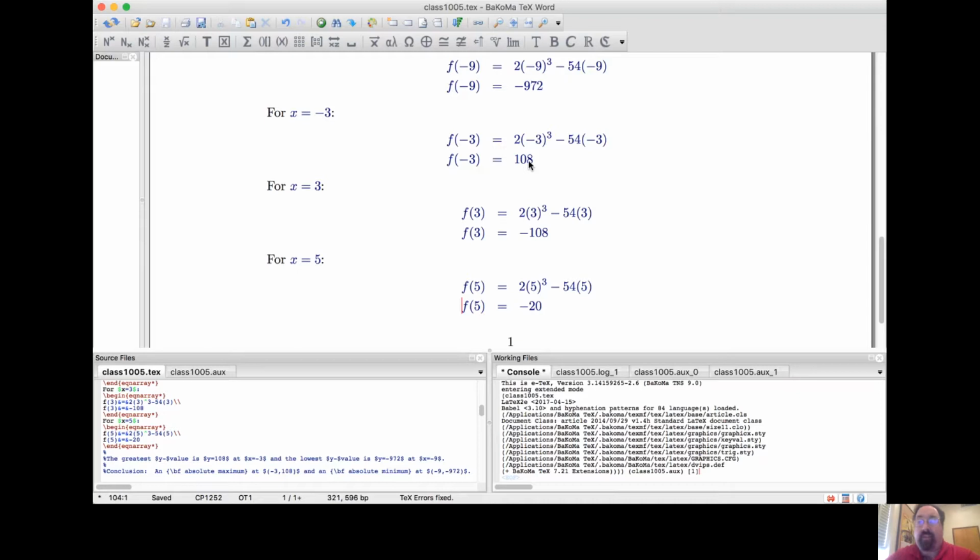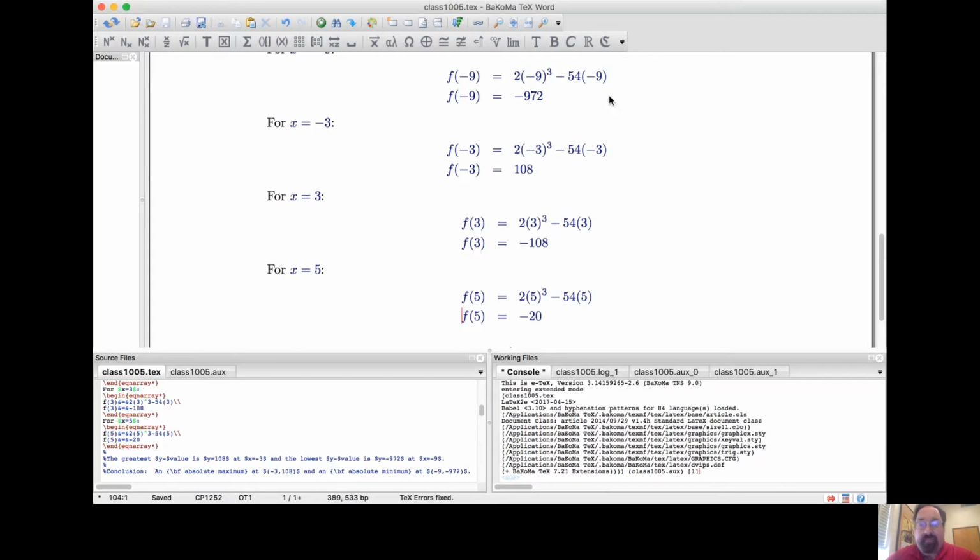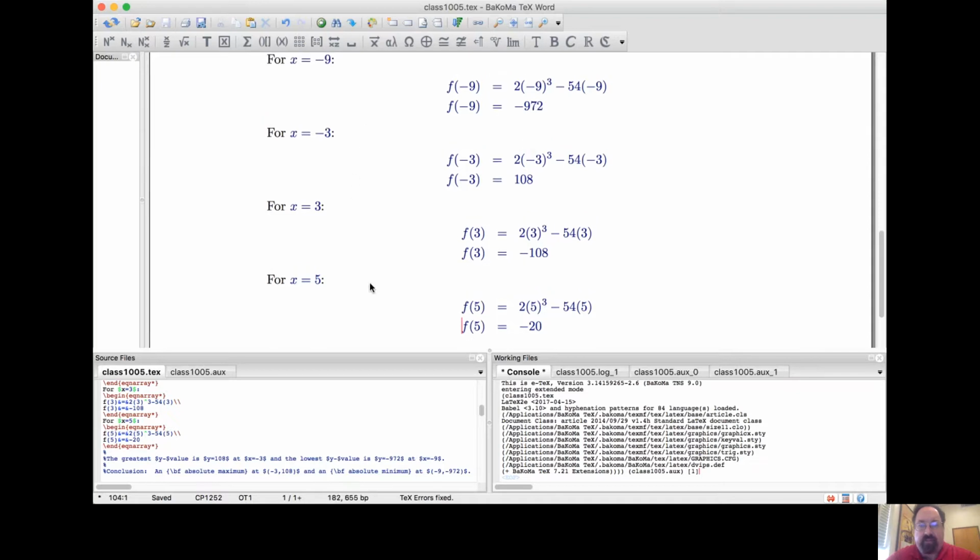So now that we've obtained the values of f of x at all 4 candidates, so -9, -3, 3, and 5, we just look at the 4 values and see which is the largest and which is the smallest. So this is definitely the largest. It's the only one that's even positive. And then this value is the smallest. In other words, it's just the most negative. So -972.